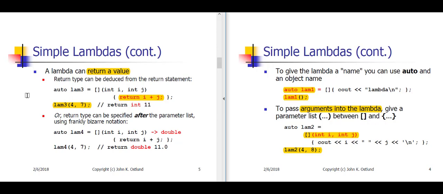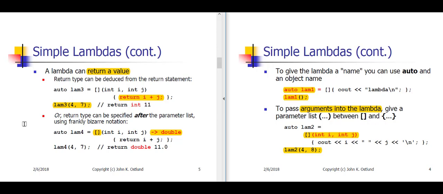Now, let's suppose that you want to specify the return type rather than having the compiler deduce the return type for itself. It turns out, for a lambda definition, we have a little bit of a syntactical quandary, because the lambda introducer has to be the first part of the lambda definition. That is, the square brackets have to be the first thing the compiler sees when it's compiling the code for the lambda definition.